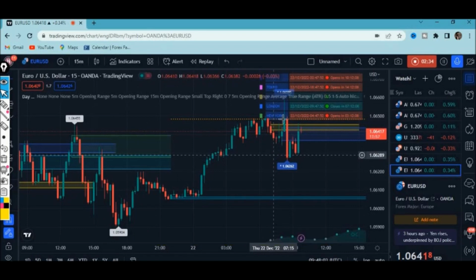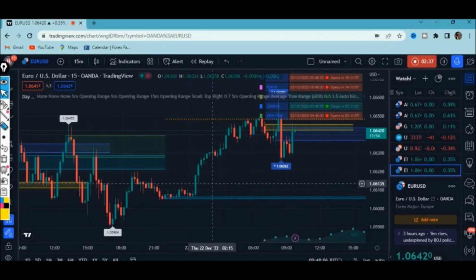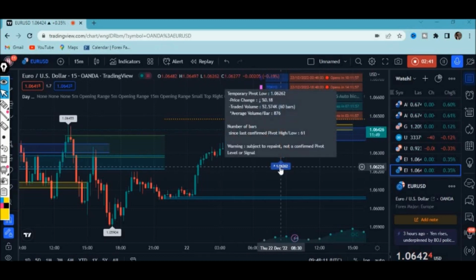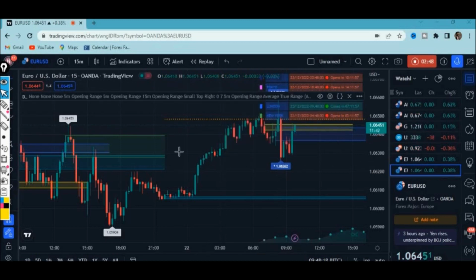What this indicator does, I told you about this pivot point. If you click on this one right here, it is telling you that there is a warning: subject to repaint and not a confirmed pivot level or a signal. But what do you have to do so that you can work with this indicator? For those of you who have not understood, it is working in real time. What do I mean by real time?